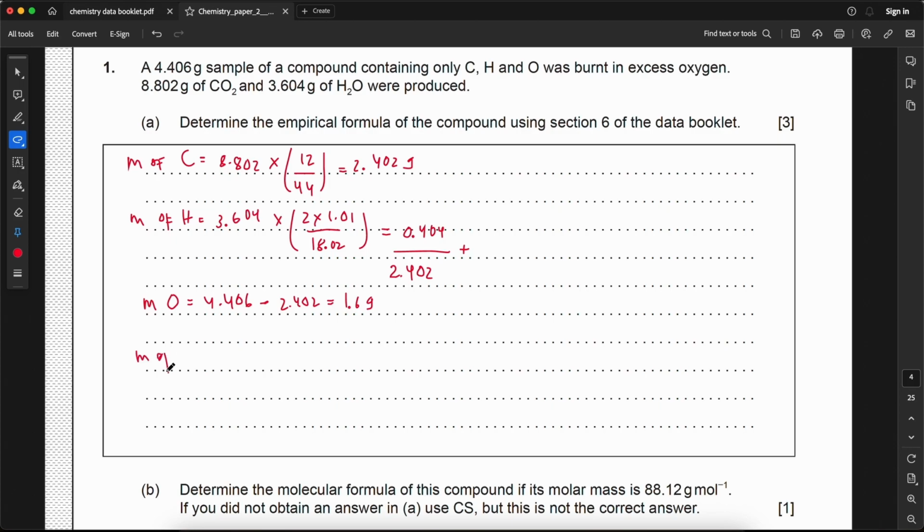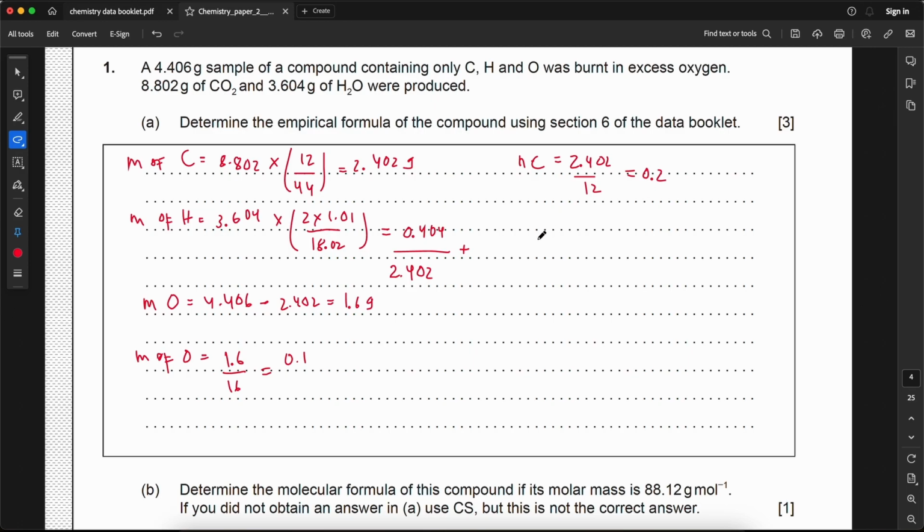So mass of oxygen only, that would be 1.6 divided by 16, the relative atomic mass of oxygen, which is 0.1. So if we do the number of mole for each of these, so mole of C, that would be 2.402 divided by 12, which is 0.2.